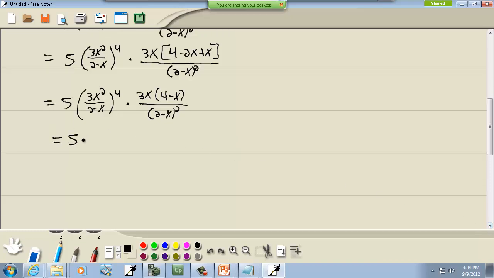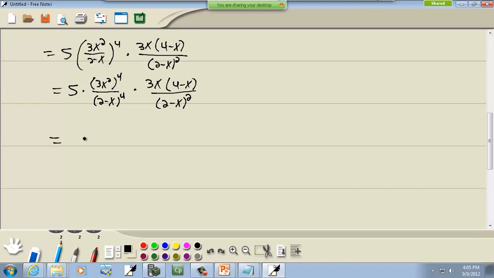Now, this right here, when you got a fraction to a power, you can take the top part of that power. So I got 3x squared to the fourth power over 2 minus x to the fourth power. And then here I got 3x and 4 minus x. And this is 2 minus x squared.